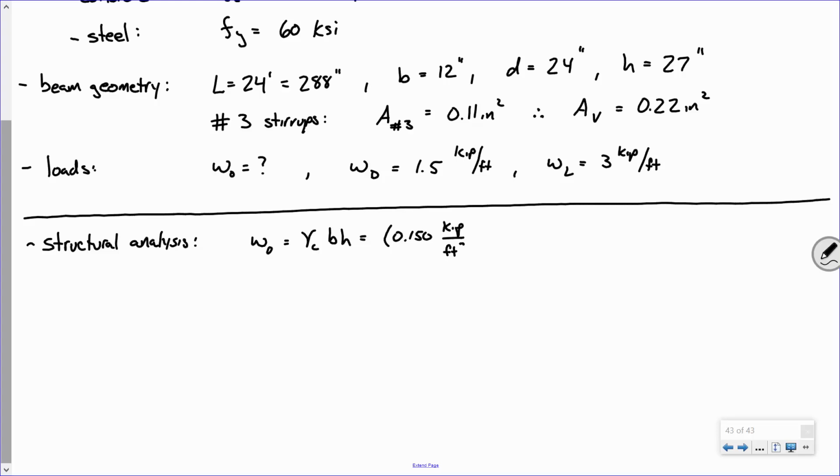0.15 kips per cubic foot times 12 inches times 27 inches, and then don't forget our units. And then that yields that.